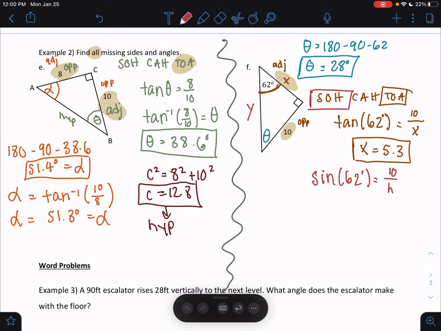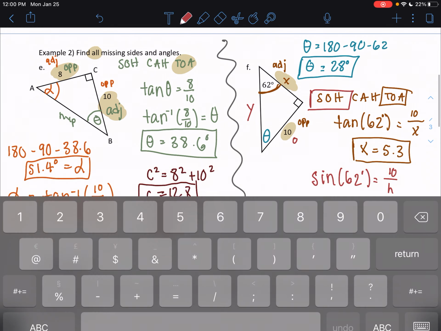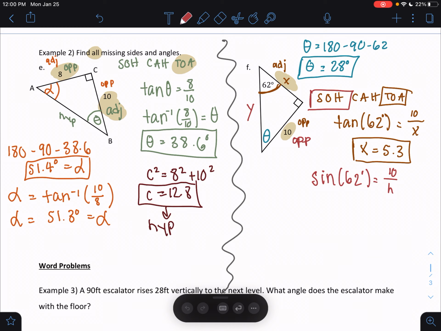And I got that because from 62, this one is still opposite of 62, and then y is our hypotenuse. So then we would get that h equals 11.3. And there's no inches or meters, so just writing that out is fine. For these, just make sure you box in all of your answers and have them labeled so I can see.